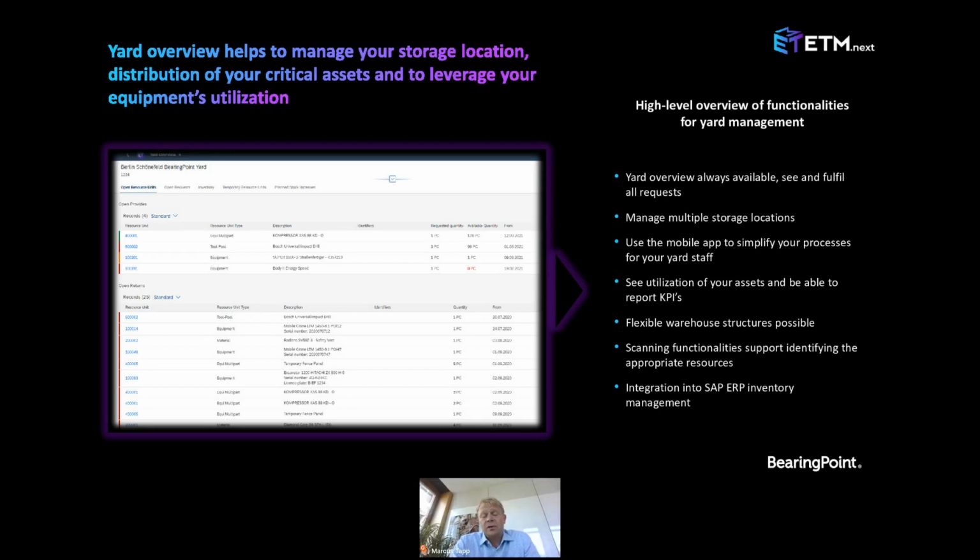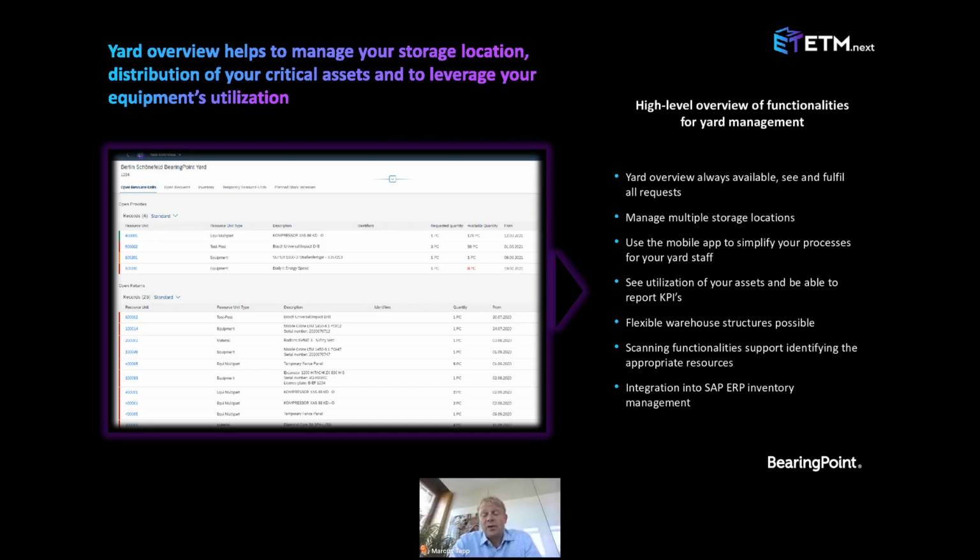The yard overview, or the yard cockpit, so to say, is the most important tool to be used by the yard and plant managers. It gives an overview about the storage location, the distribution of your assets, the workload, the tasks to be done, what requests you have to fulfill, what the tasks are in terms of logistics, and so on.